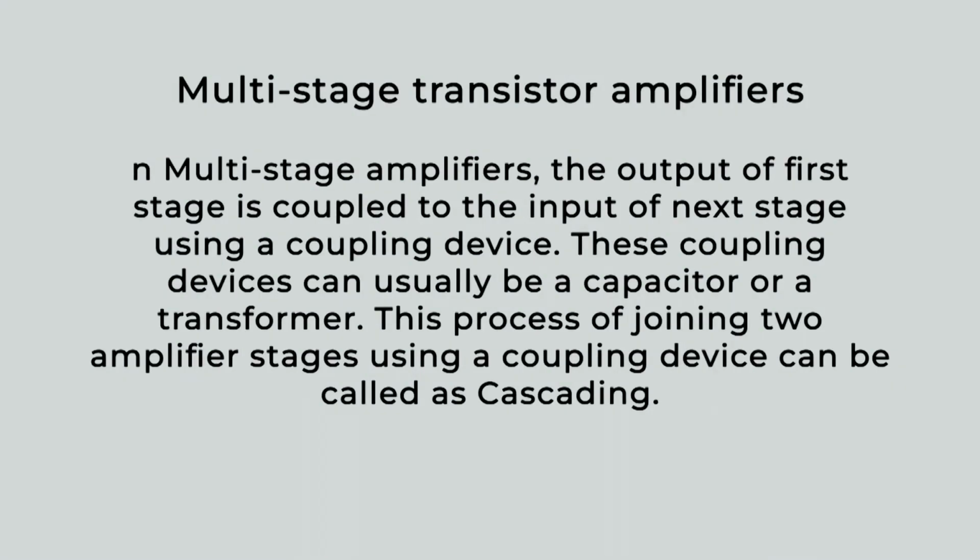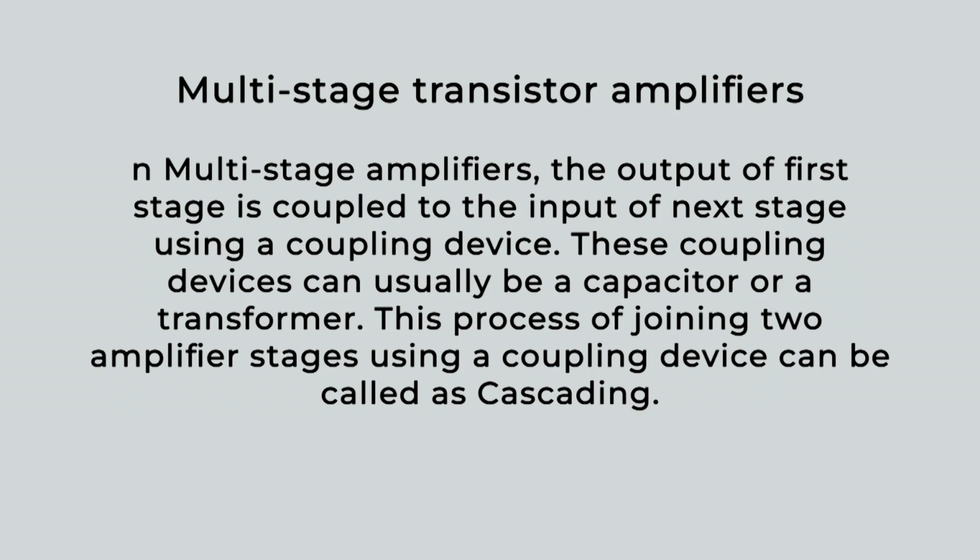Next one, the multi-stage transistor amplifier. In a multi-stage transistor amplifier, the output of the first stage is coupled to the input of the next stage using a coupling device.